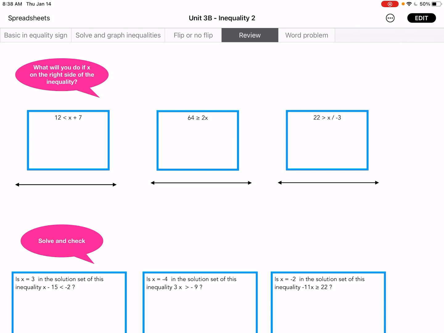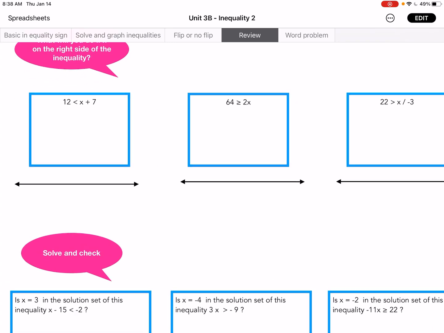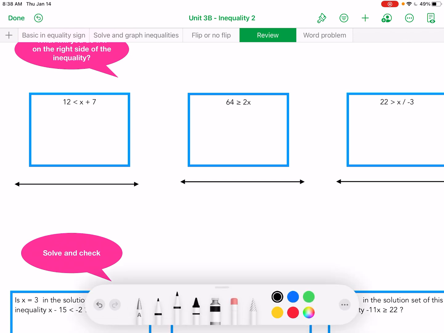The first section asks, what will you do if x is on the right side of the inequality sign? We're going to rewrite the problem and move x to the left side.